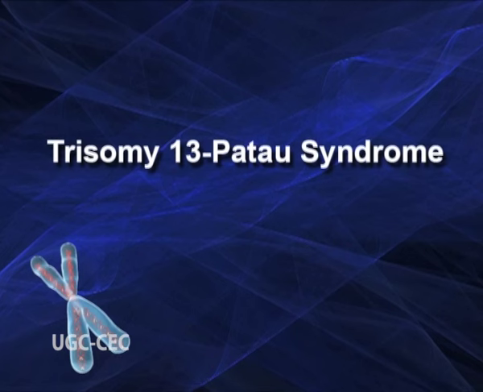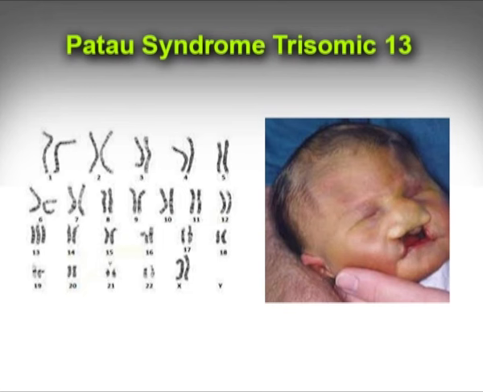Trisomy 13, Patau syndrome. In the 1960s, Klaus Patau and his associates observed an infant with gross developmental malformation with a karyotype of 47 chromosomes. The additional chromosome was medium sized, one of the acrocentric D group. The G and Q banding techniques have identified the extra D chromosome as number 13.